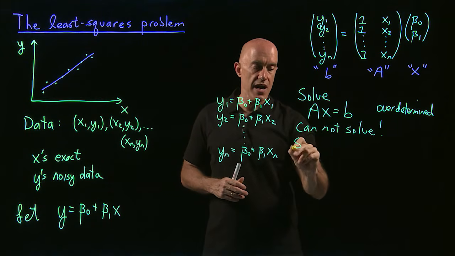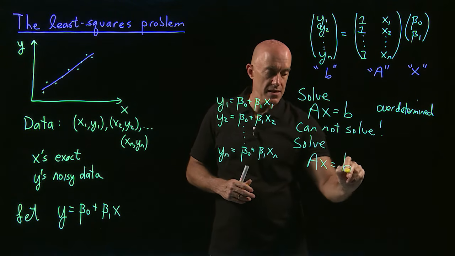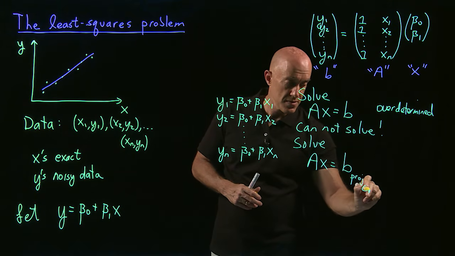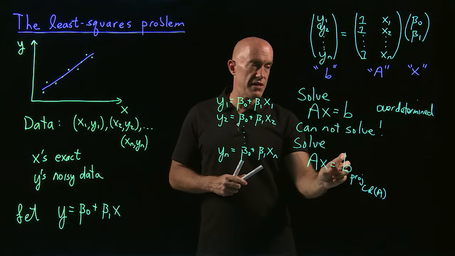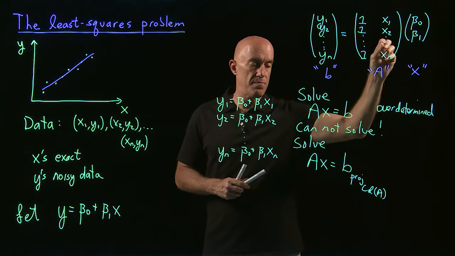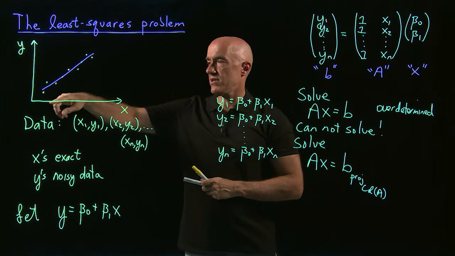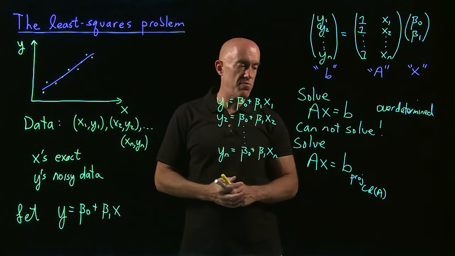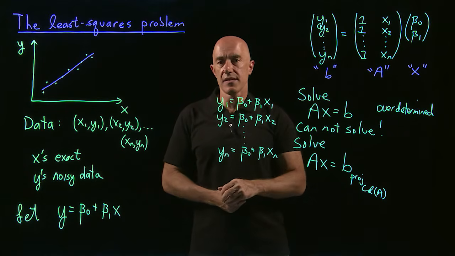So instead, we solve the equation Ax equals b projected onto the column space of A. And when we do that, we will find that the solution for x, which is our beta naught, beta 1, is indeed the least squares solution, the solution that minimizes the square of the distance between the data points and the line. Okay, we'll solve that in the next video.